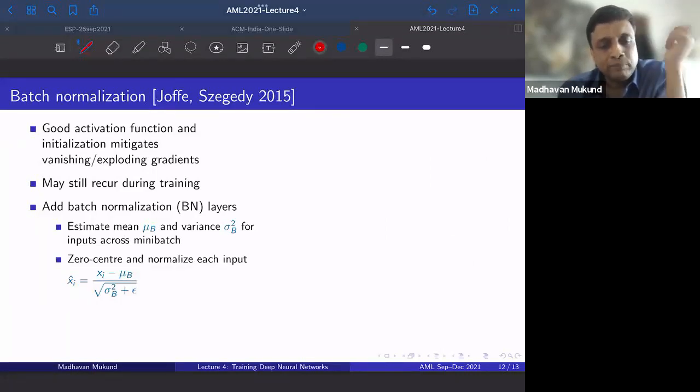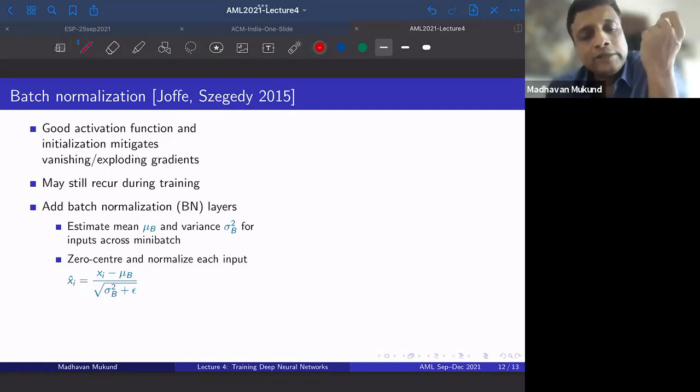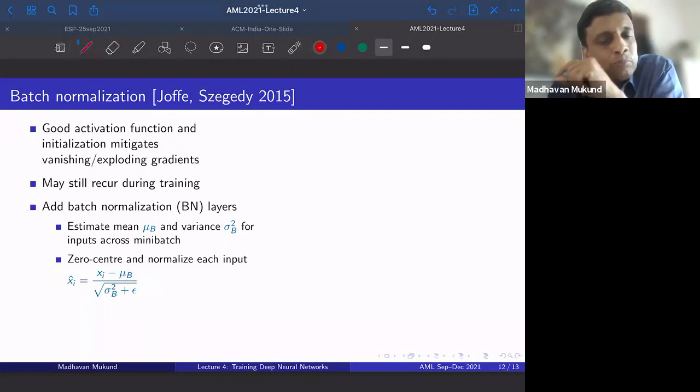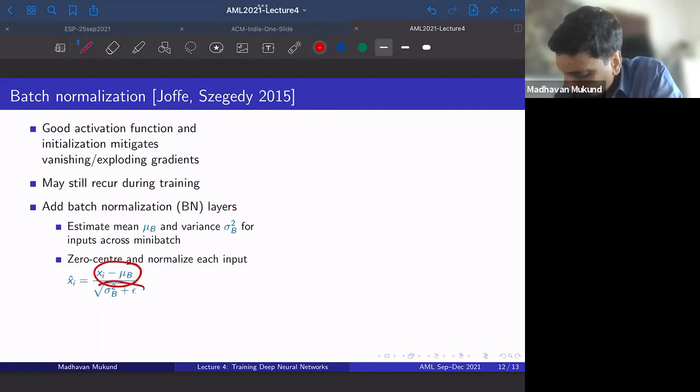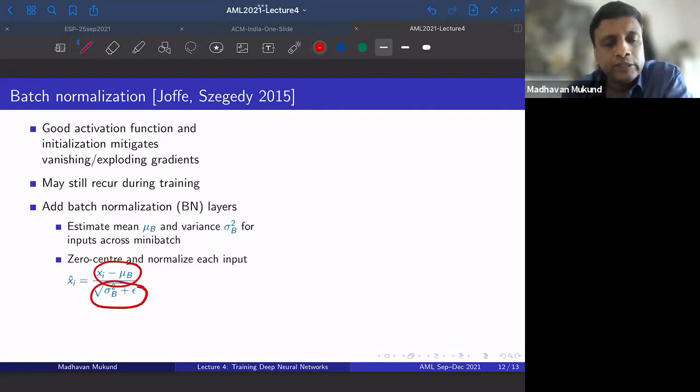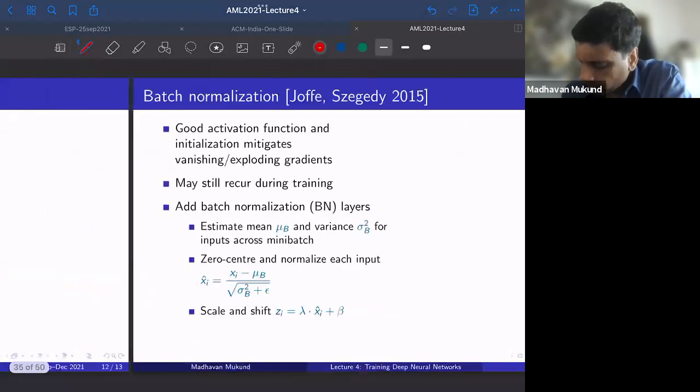Remember, the input is the previous node's output, so inputs are the same as outputs in some sense, because every output of every internal node is the input of the next node. If you have calculated the mean and the variance of the inputs across the mini batch, you can readjust. So you're recentering and reducing the quantity to make its variance normalized. This is called batch normalization.